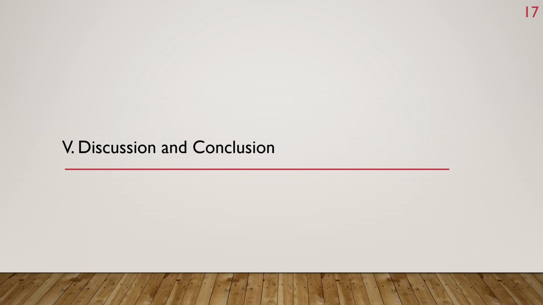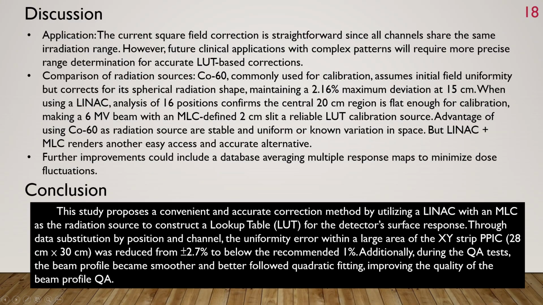Discussion and conclusion. The current square field correction is straightforward since all channels share the same radiation range. Future clinical applications with complex patterns will require more precise range determination for accurate LUT-based corrections. Cobalt 60, commonly used for calibration, assumes initial field uniformity but corrects for its spherical radiation shape, maintaining a 2.16% maximum deviation at 15 cm.